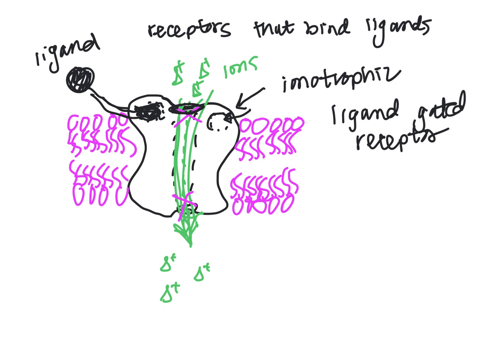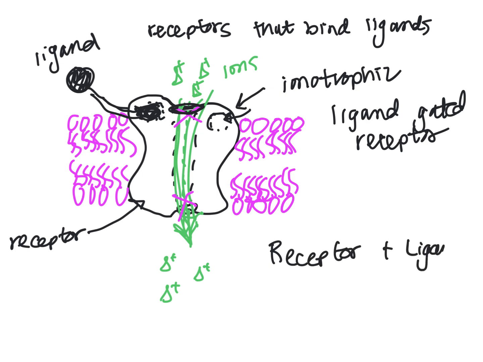And then again, just so that we're clear on our terminology, the protein here is called the receptor. So again, I could write this in a chemical equation, and I could have my receptor binding to ligand, and that would be in a chemical equilibrium with receptor bound to ligand.